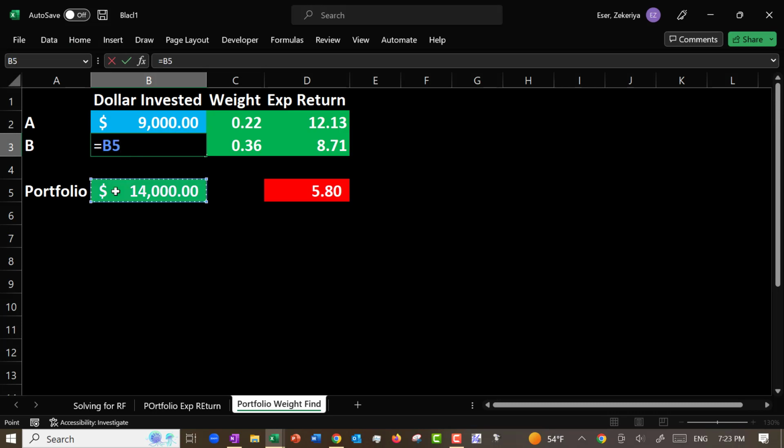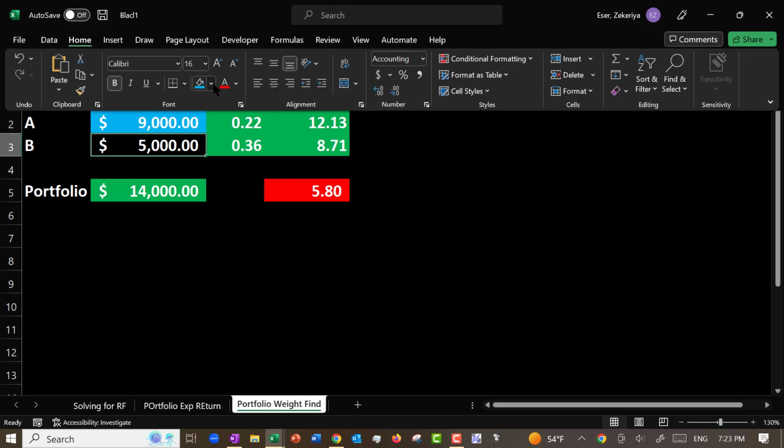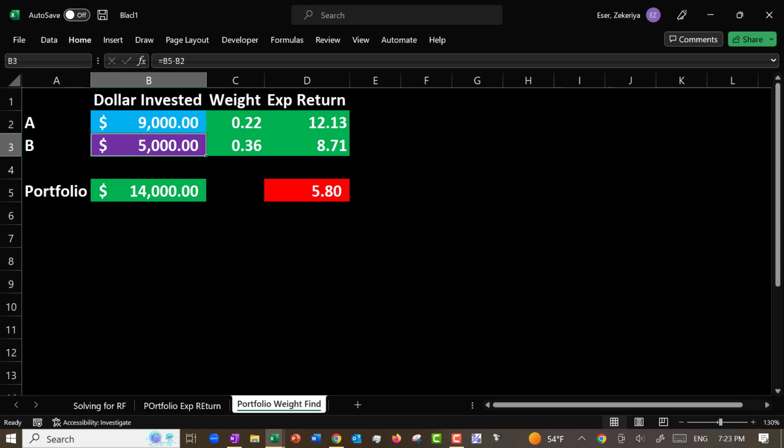Of course, the rest has to be in B, right? So if I tell you how much I put in A, you should automatically tell me how much that's going to be in B. That's a total number. Something that I calculated, but it's not a final number. That's how I define total.